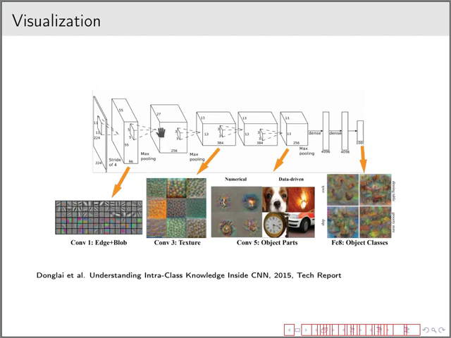Often, the first layers are responsible for filtering very low-level features, such as edges, blobs, that means flat regions with specific colors, and then intermediate layers are responsible for finding different textures.